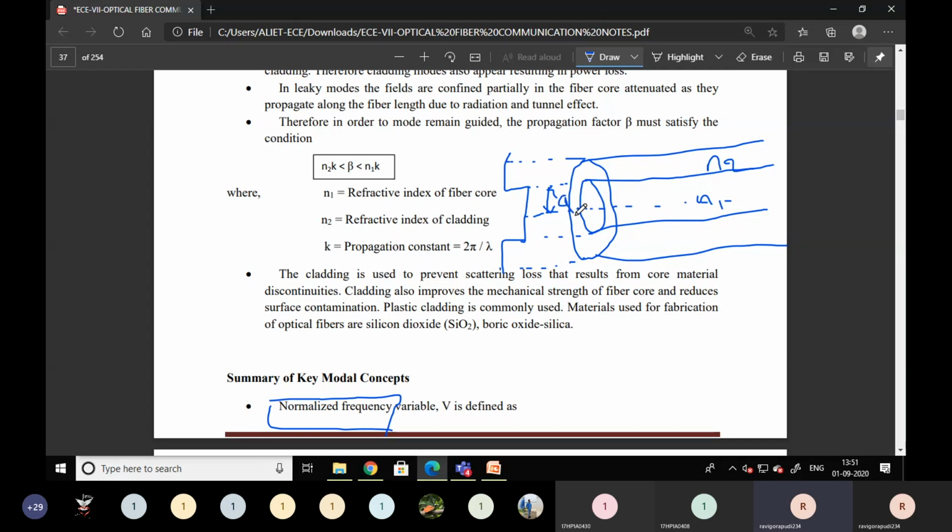Core radius is a. If we take the complete structure of this profile, that will give 2a. This is for step index, and in the same manner for graded index. So a is the core radius. Remember that always.